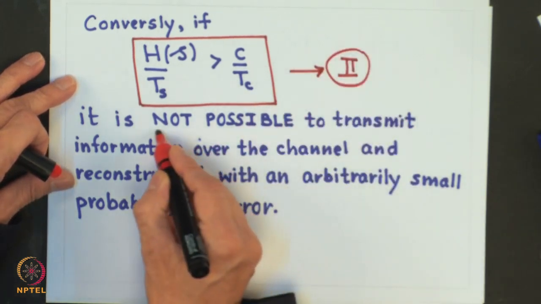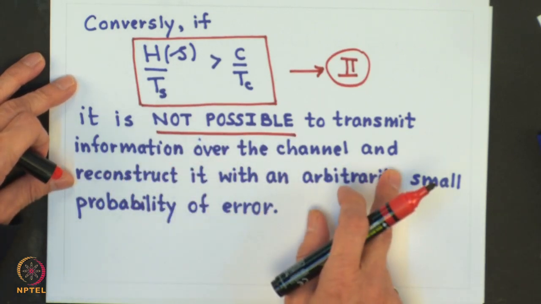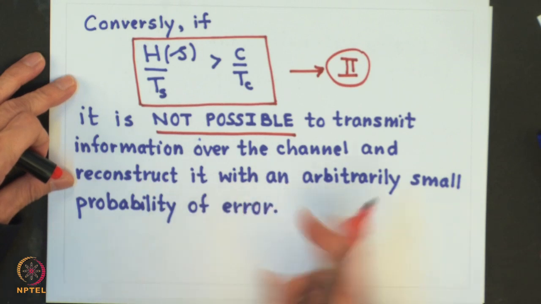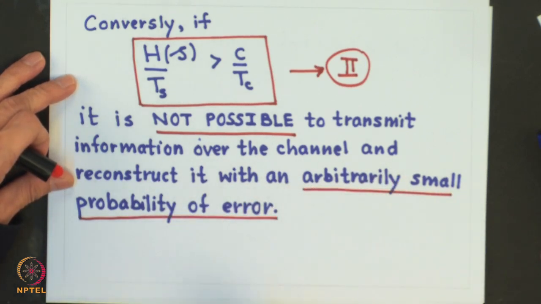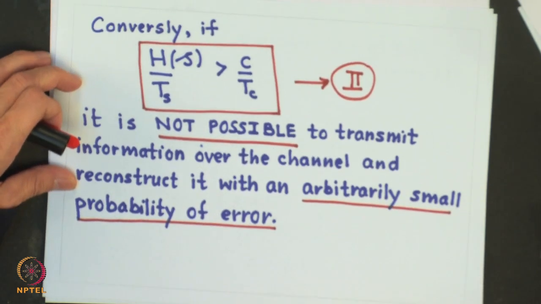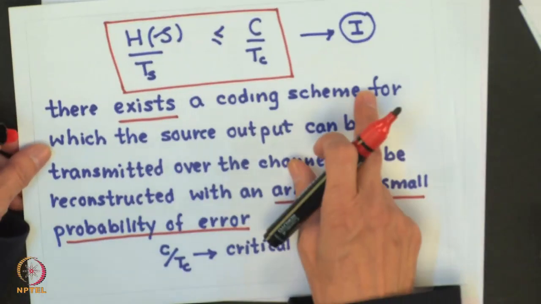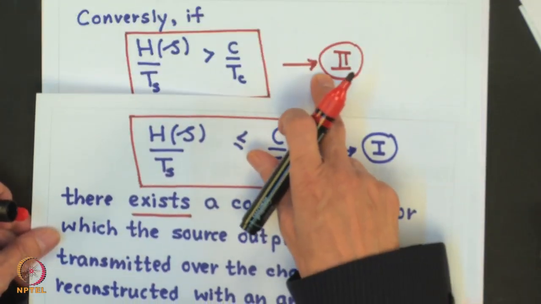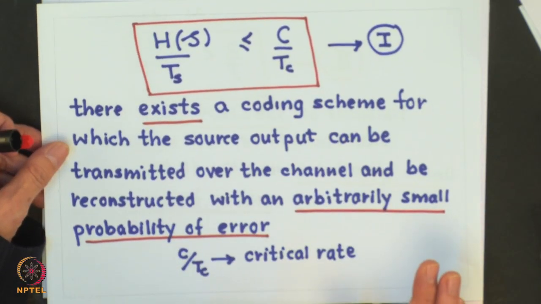Then it is not possible to transmit information over the channel and reconstruct it with an arbitrarily small probability of error, correct? But it is important to notice that both these conditions, condition number 1 and condition number 2, do not tell us how to construct a good code.